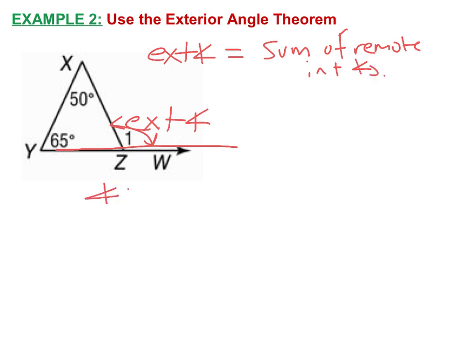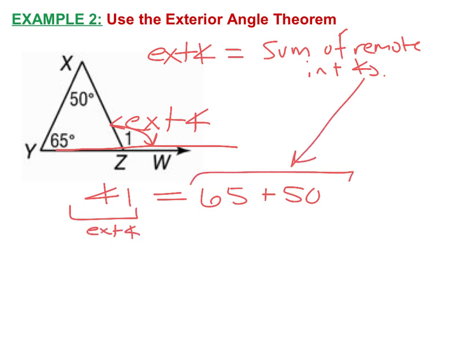Angle 1 is equal to 65 plus 50. So here is the exterior angle, and here are the remote interior angles. The measure of angle 1 will be 115 degrees.